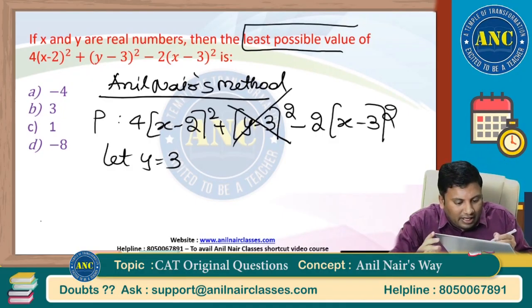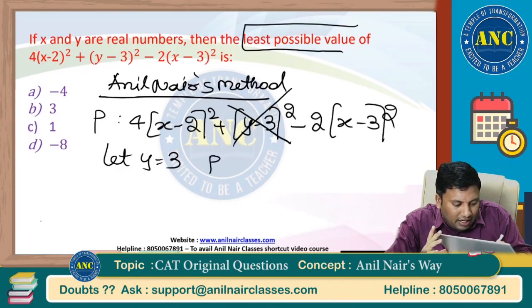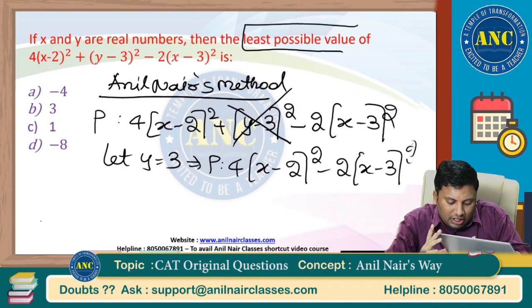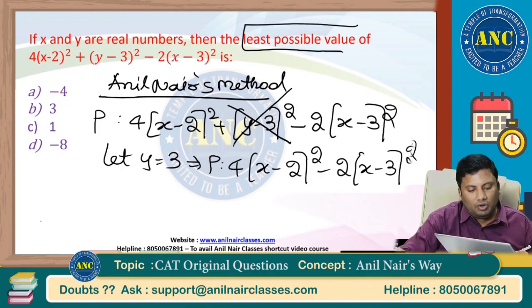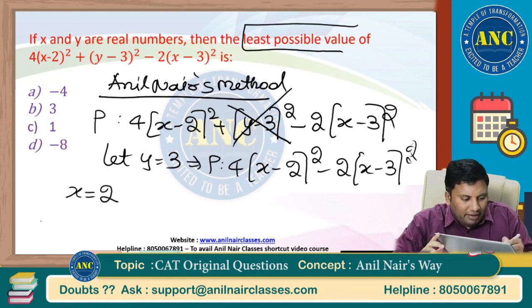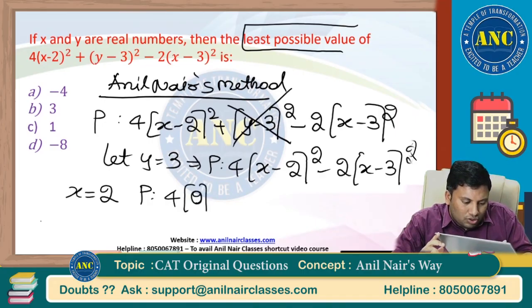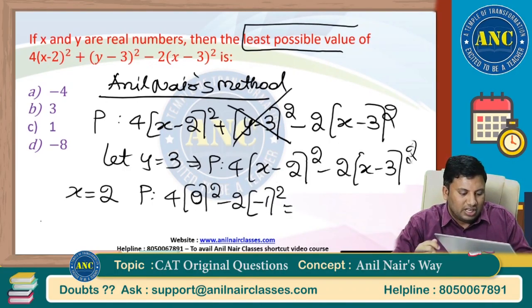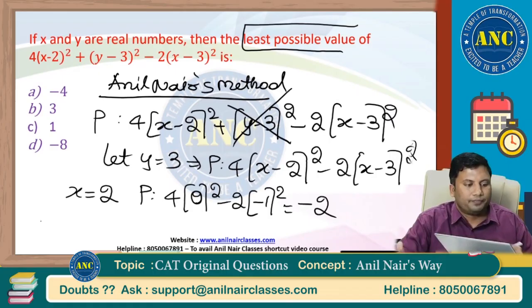If I take y equal to 3, p becomes 4 into (x minus 2) whole square minus 2 into (x minus 3) whole square. Let me take x equal to 2. If I take x equal to 2, 4 into (2 minus 2), 0 square, minus 2 into (2 minus 3), minus 1 square, which is nothing but minus 2.